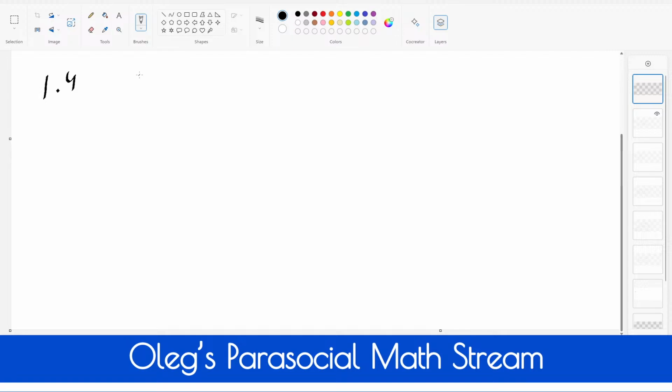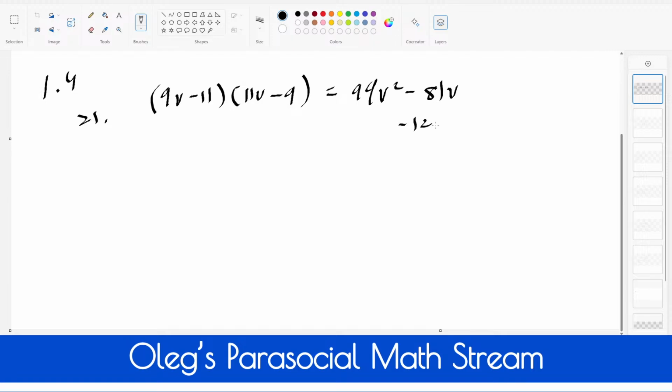So that was, find the product, number 21: 9v minus 11 times 11v minus 9. Okay, so we're going to have 99v squared, and then minus 9 times 9 is 81v, and 11 times 11 is negative 121v, and negative 11 times 9 is positive 99.